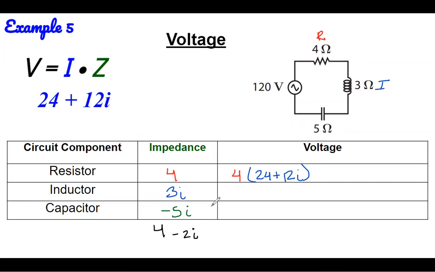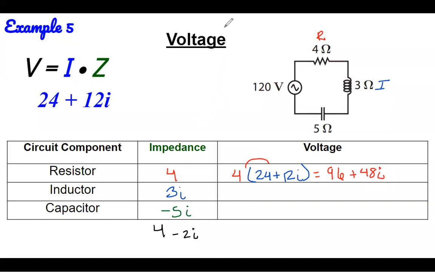Very simple. Let's distribute. We're left with 24 times 4, 96, and 24 times 12I, 48I. So the voltage through the resistor is 96 plus 48I.